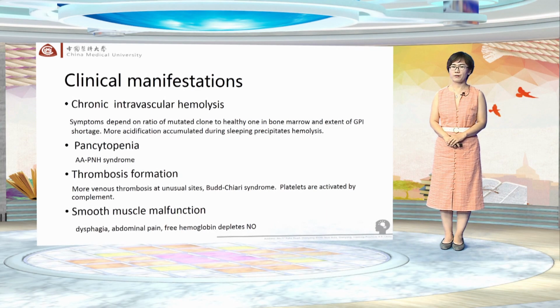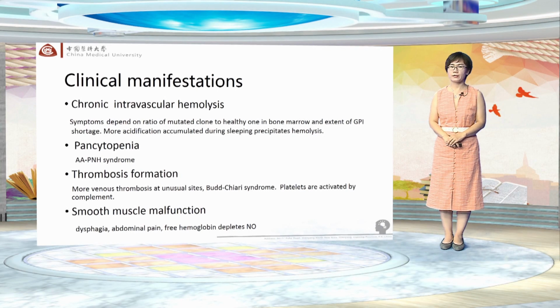Another presentation of PNH is with thrombosis in an atypical location, such as Budd-Chiari syndrome, due to a hypercoagulable state induced by complement activation, free hemoglobin in the bloodstream, and possibly other procoagulant mechanisms.